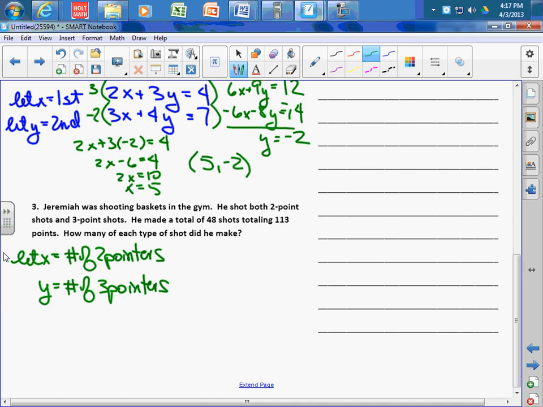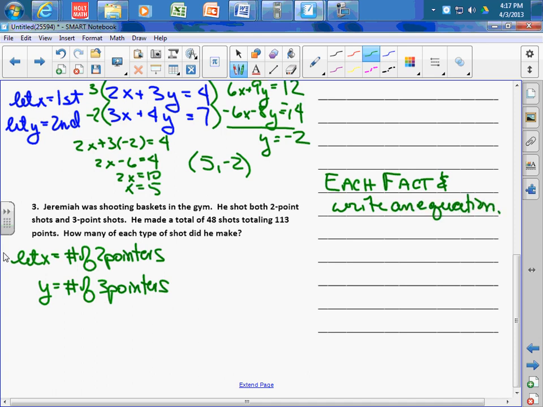Now, before, let me clarify some things here. Before I would say take each sentence and write an equation. In this case, we're going to take each fact and write an equation. What's one fact?